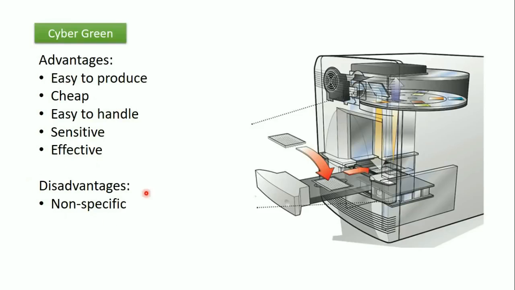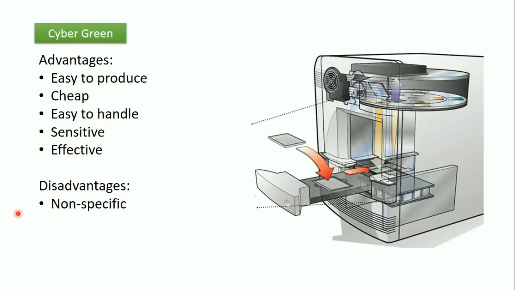The only disadvantage is that cybergreen is non-specific, and so if, let's say, there was a mistake with the primers, so if the primers don't bind specifically to the gene of interest, and so another sequence would be produced in the sample, the cybergreen cannot detect this because the cybergreen doesn't differentiate between our sequence of interest and other sequences.